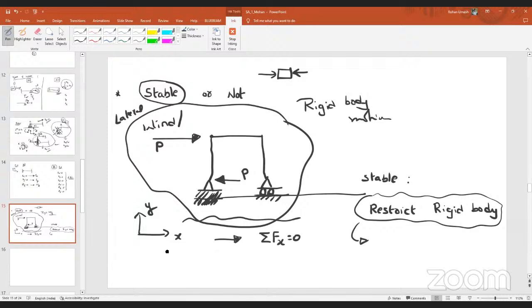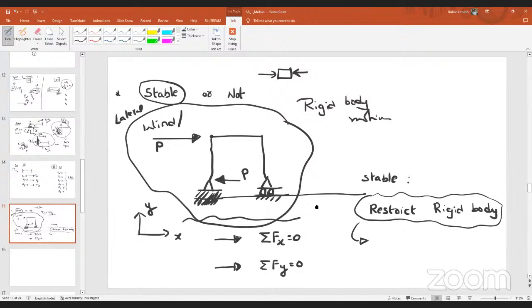Similarly, if I don't want any rigid body motion along the y direction, what condition should my structure satisfy? My summation of forces along the y direction should be equal to 0. Similarly, if I don't want any rigid body rotation, what is needed? If I'm talking about 2D, how many rigid body motions are possible?